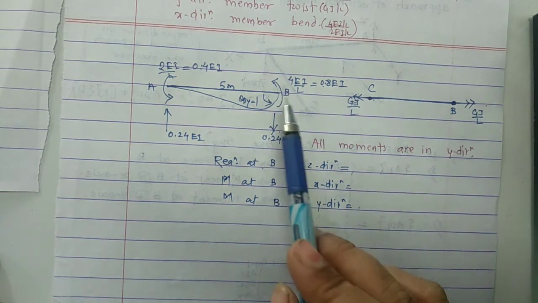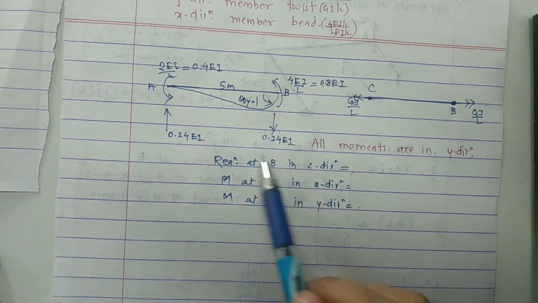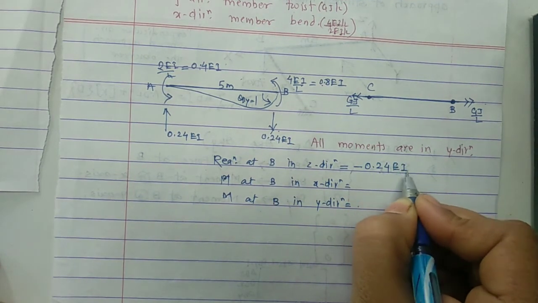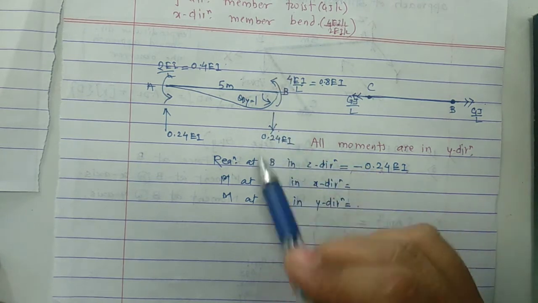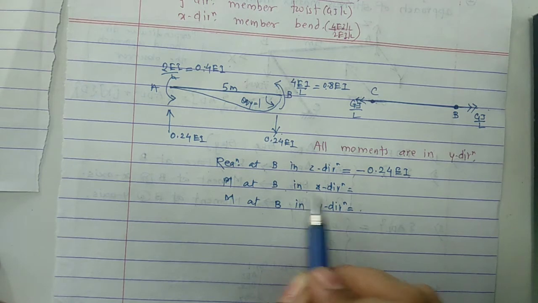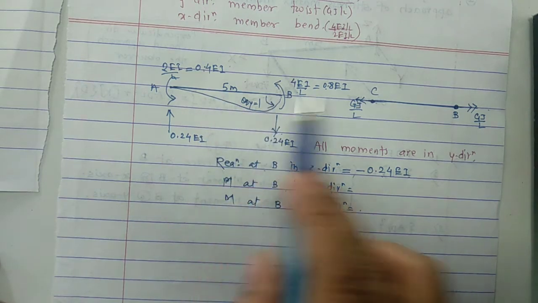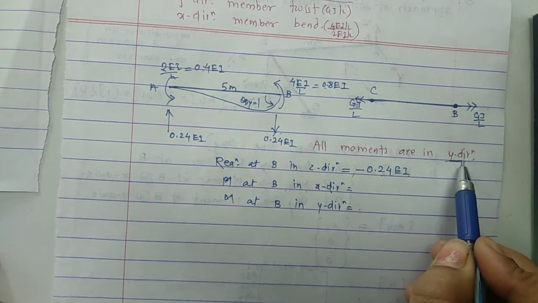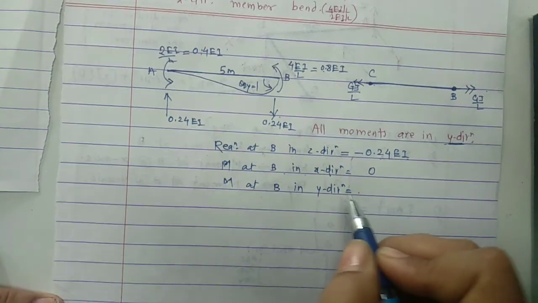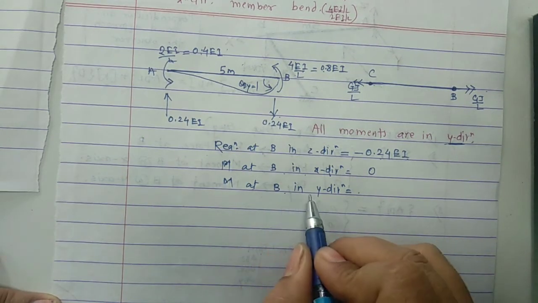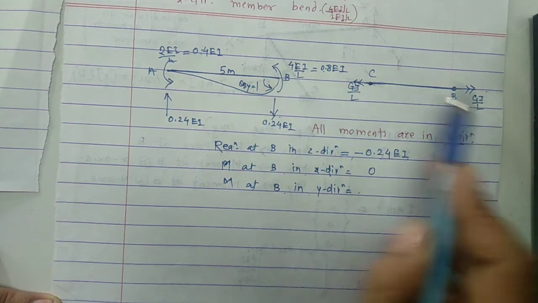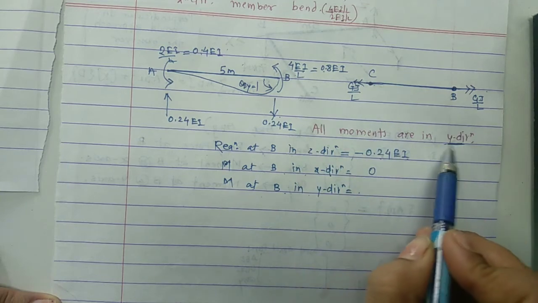So the reaction at B is in the downward direction, minus 0.24 EI. Minus, that is for downward, it is in Z direction. Second, the moment at B in X direction. Here all moments are already mentioned in Y direction, so in X direction there are 0 moments. And third, the moment at B in Y direction. At B point, the GJ upon L moments and this 0.8 are in Y direction.